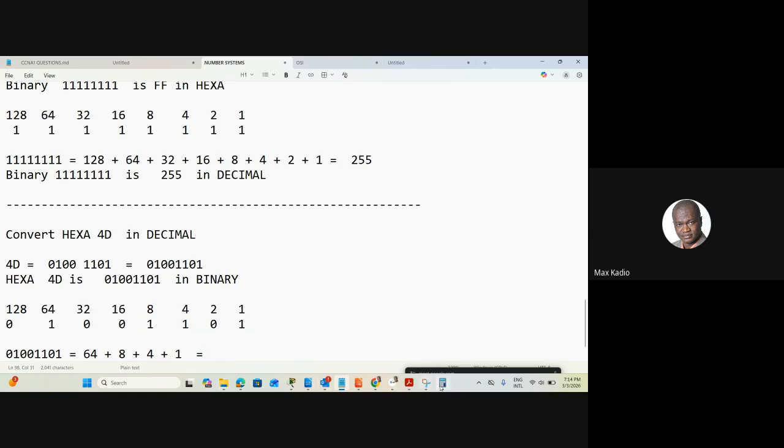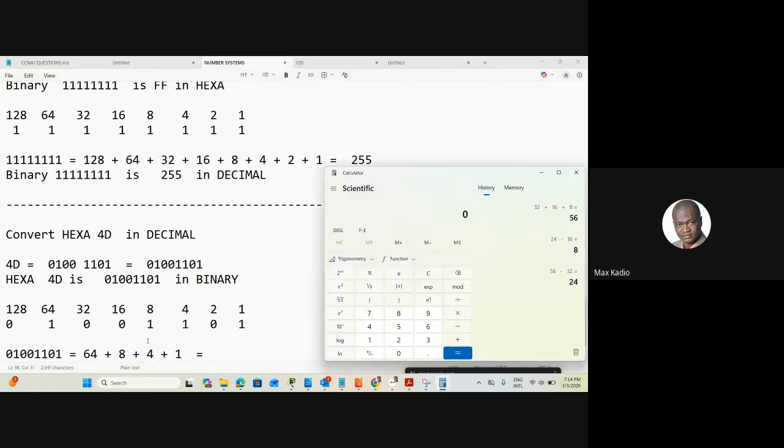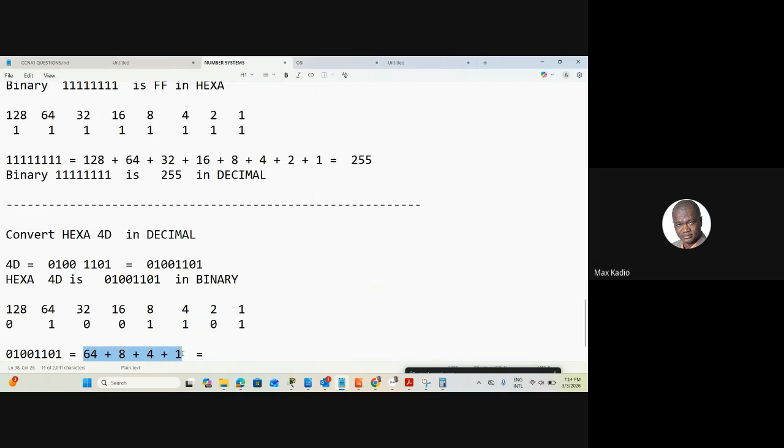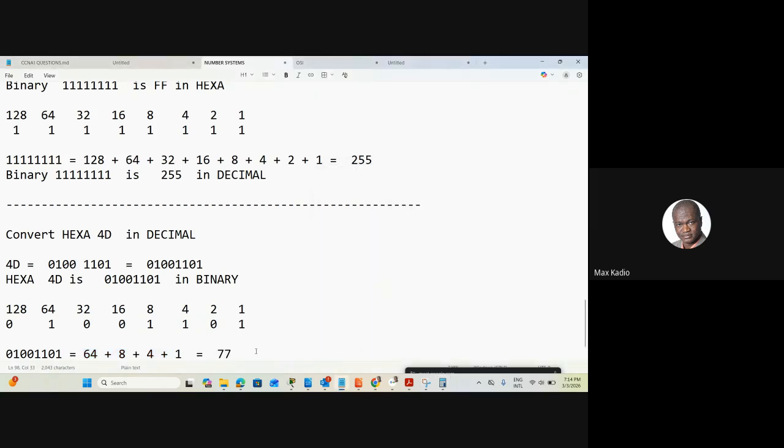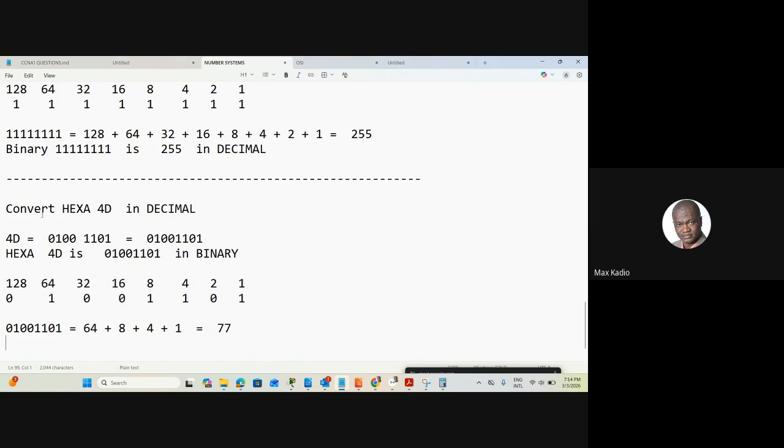Then you take your calculator, you clear everything. What is the value? 64 plus 8 plus 4 plus 1, 77. So now the answer: hexadecimal 4D in decimal is 77.